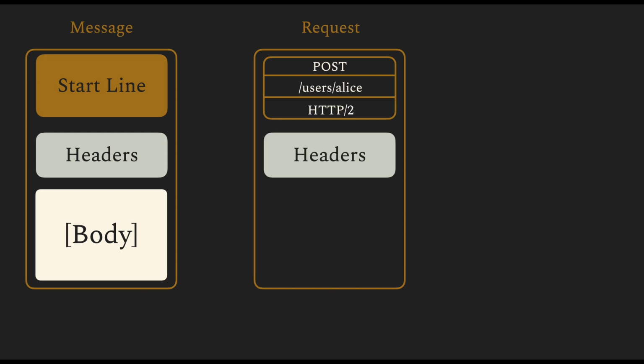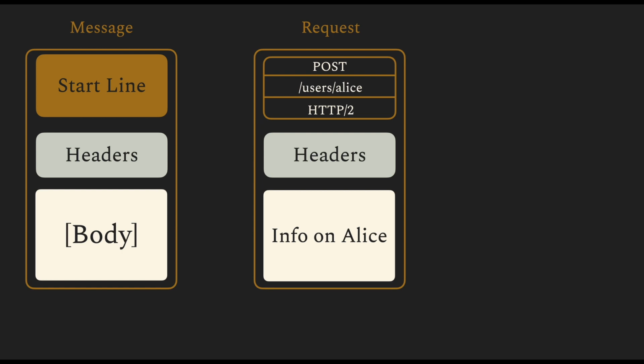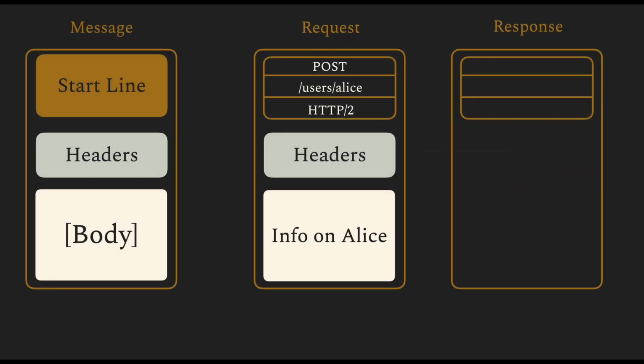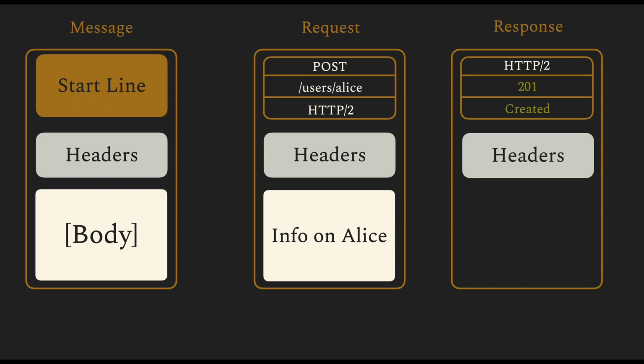There are some headers to create this data, and here you have some body which contains the data which gets created on the server. And the server creates this data and you get a 201 response. And internally, once again, the HTTP version is the same. The status code is 201 and the reason phrase says that the item was created. There are some headers, and as you can see, there is no body in the response.